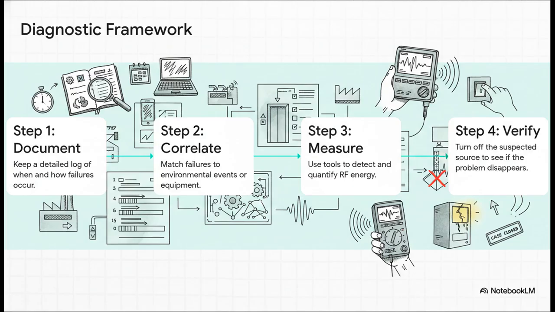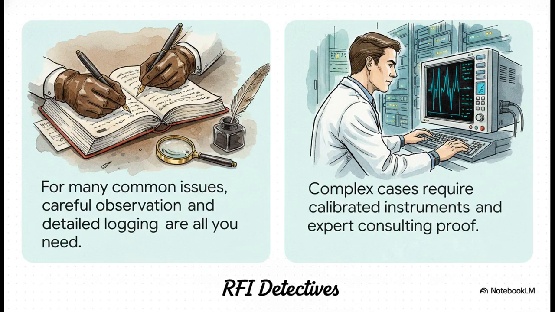Step 3, measure. This is where you bring in the tools to actually detect and measure the invisible RF energy in the environment. And finally, step 4, and this is the absolute key, verify. Can you turn off the thing you think is causing the problem and see if the glitches just disappear? If they do, boom, case closed. Now, you might be wondering, what kind of tools do I need in my detective kit?